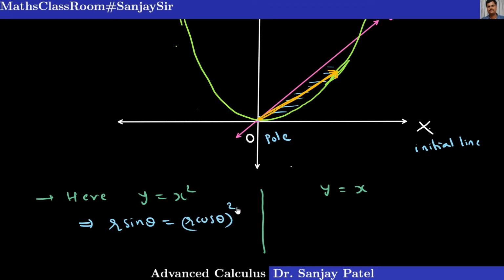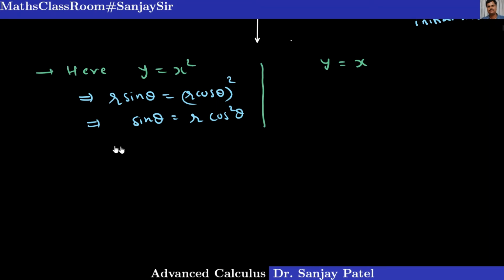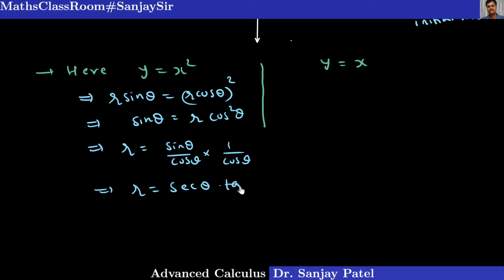So one r will be cancelled and you get sine theta is equal to r into cos square theta. Simplifying this further, I can rewrite this as r is equal to sine theta upon cos theta into 1 upon cos theta. This is sec theta, and sine theta upon cos theta is tan theta.